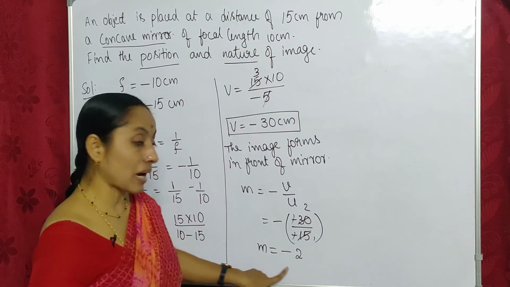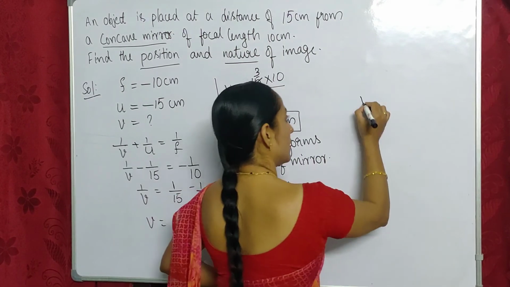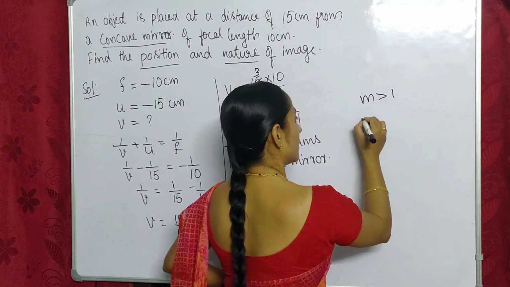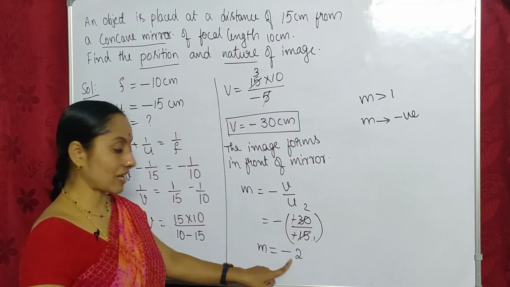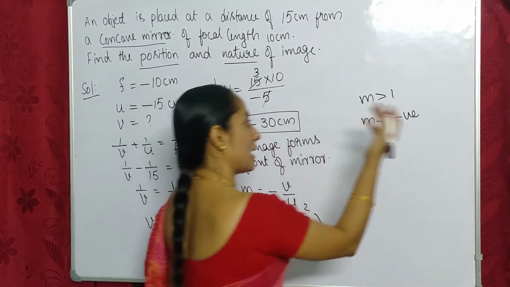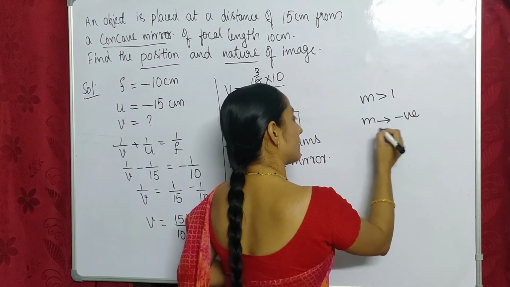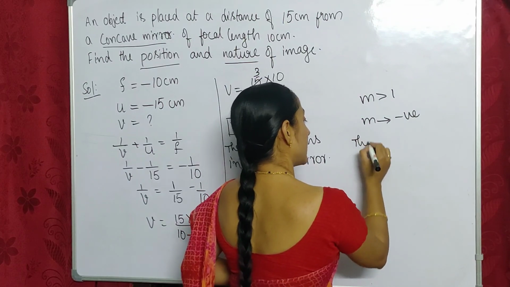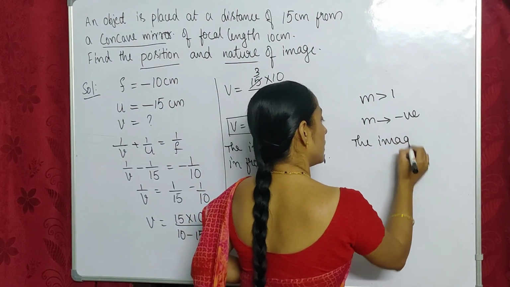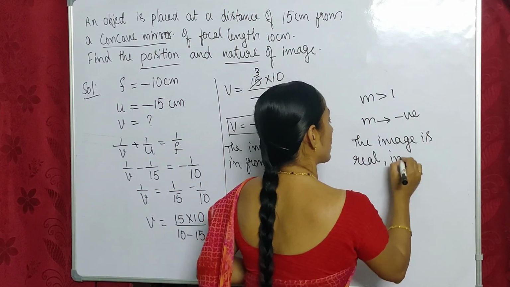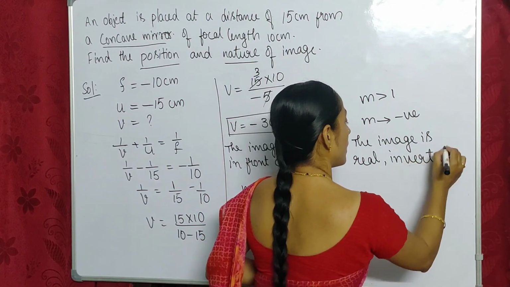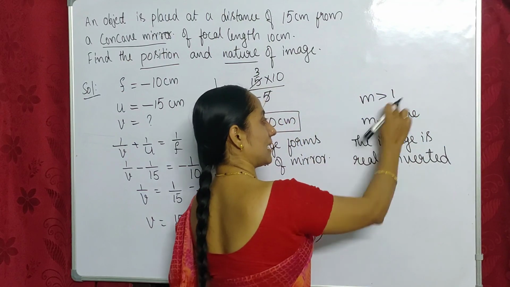m is equal to minus 2 indicates m is greater than 1 and m is negative. m is negative, which indicates that the image is real. Real images are always inverted. And what does this indicate?